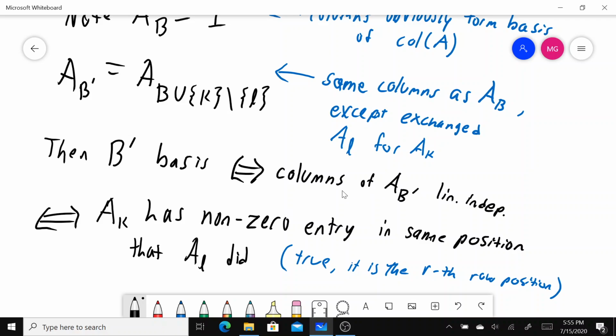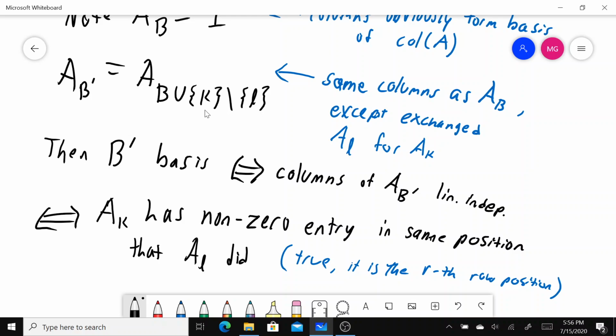So when will the columns of AB prime be linearly independent? Well, we took out index L, and the rth entry of the column AL is a 1. So for that particular dimension of space, we no longer have a vector which has a positive component in that direction.